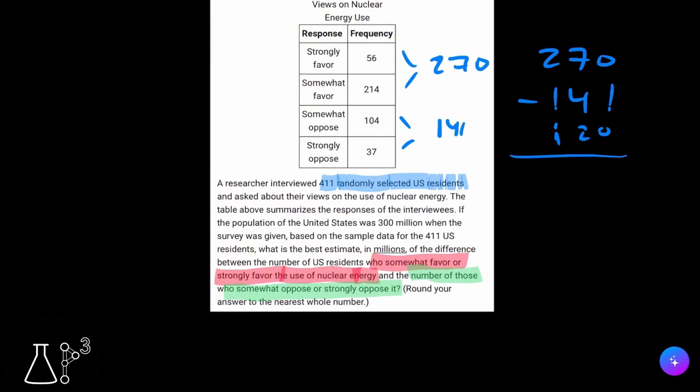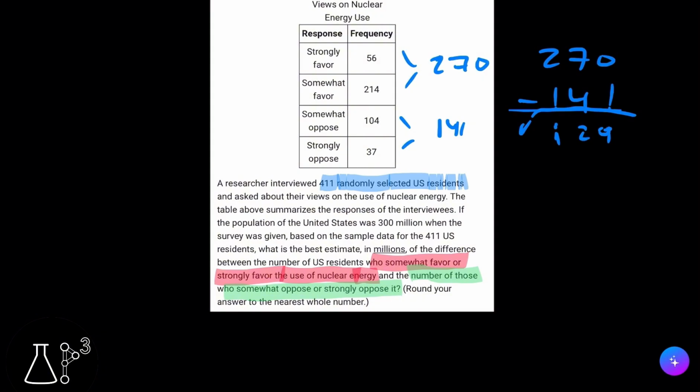That's important for this specific question. So what can I do now with 129? Well, I can divide it by 411 to figure out the difference between those who favor and those who oppose.